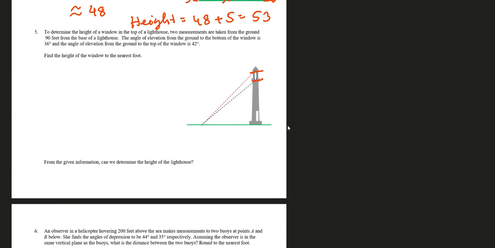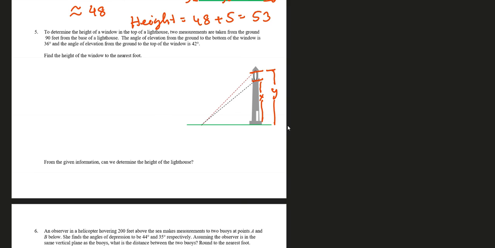So let's say we are considering two heights. The first one is x. It's measured from the bottom of the window to the ground, and another height y is measured from the top of the window to the ground. And we're given two angles.